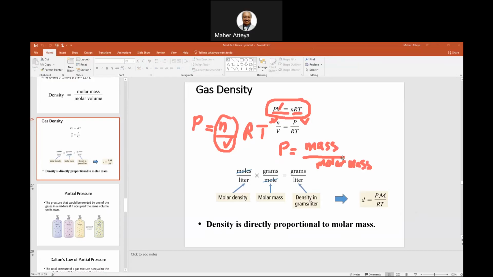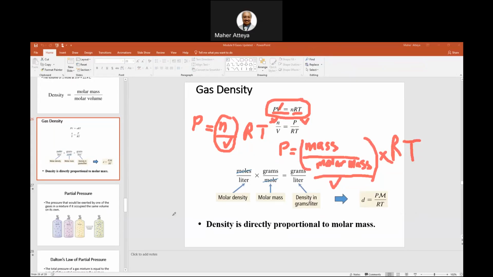So mass over the molar mass, that's the n. And the whole thing is divided by V, multiplied by RT. Correct, guys? So now look at this. You can put molar mass at the bottom, and then RT.